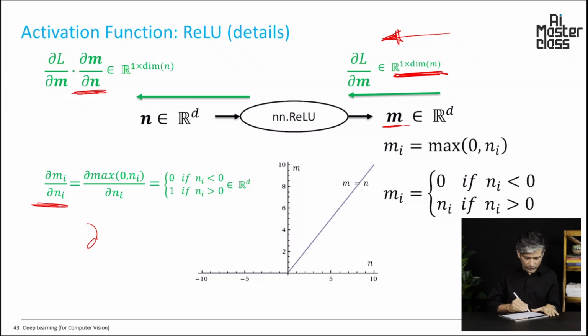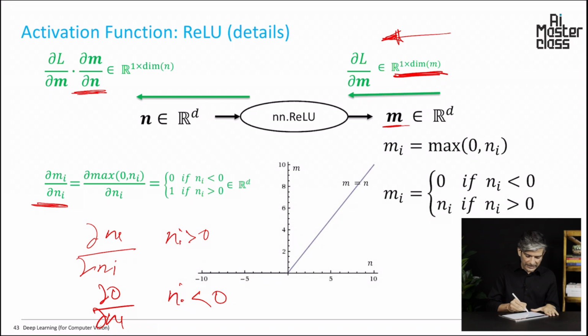It's the derivative of Ni over Ni when Ni is positive, or it's the derivative of 0 with respect to Ni when Ni is negative. So what is the answer in this case? This is equal to 1 and this is equal to 0.